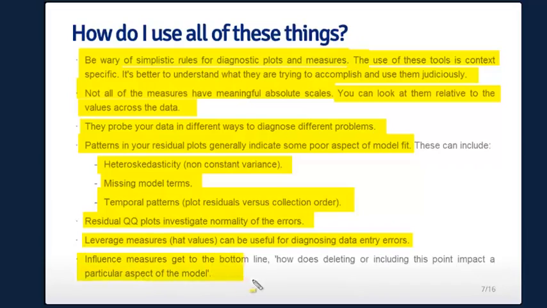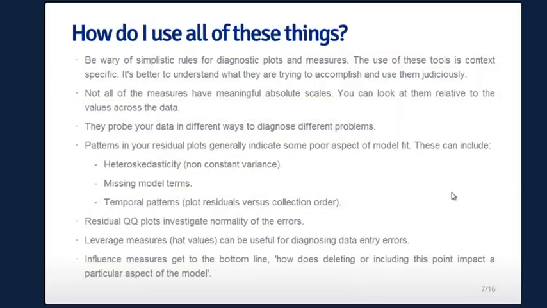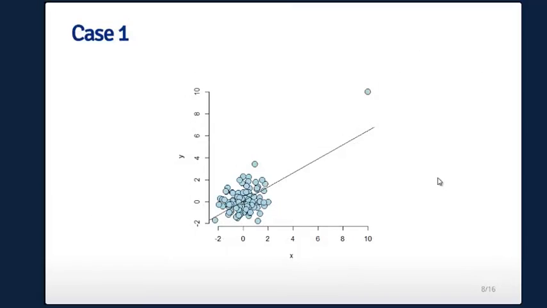Influence measures get to the bottom line: how does deleting or including this data point impact a particular aspect of the model? So the influence measures are things like the DFBETAS. So let's just go through some cases. Here's a nice case right here.